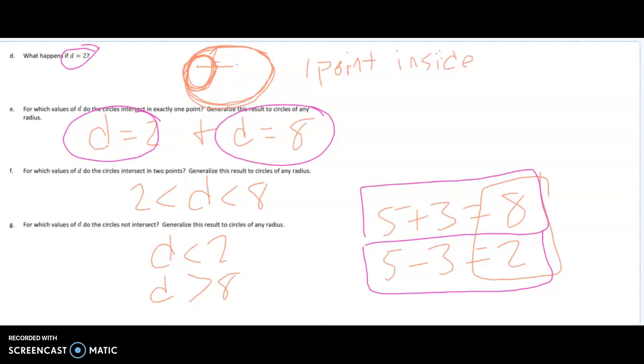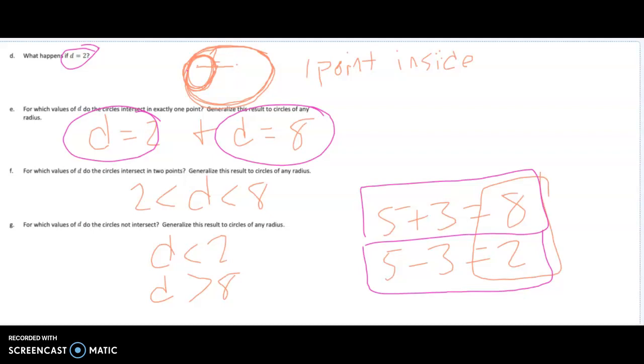Anyway, for which values of D do the circles intersect in 2 points? Well, when the distance is greater than 2 but less than 8. Anything outside of that, they're not going to have 2 points. Now, when do they not intersect?